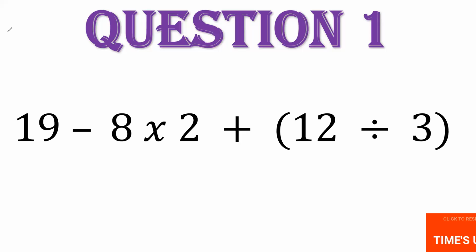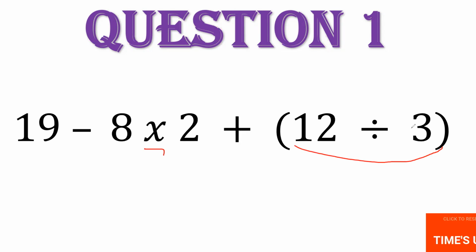If you say 19 minus 8 first, it is going to be wrong. Just be careful about that. Please don't do that. So multiplication first, or in brackets, if you have something, you can finish that first.